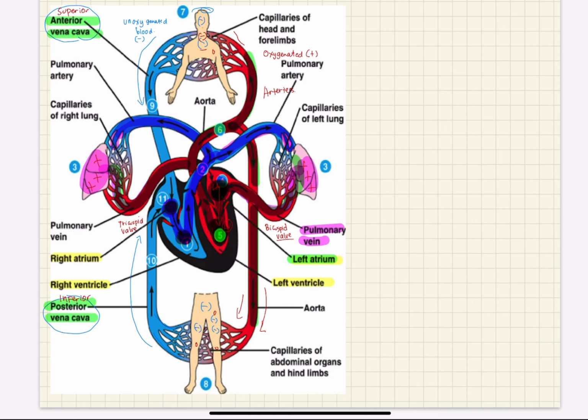Okay? So I have a simplified version of this para mas madali po nating maintindihan. Kunwari, this is the upper part of the body and then this is the lower part of the body. Okay? And then ang mangyayari po is meron tayong mga tinatawag na blood vessels wherein dadaanan po ng ating mga unoxygenated blood. So babalikan lang po natin yung discussion natin kanina.